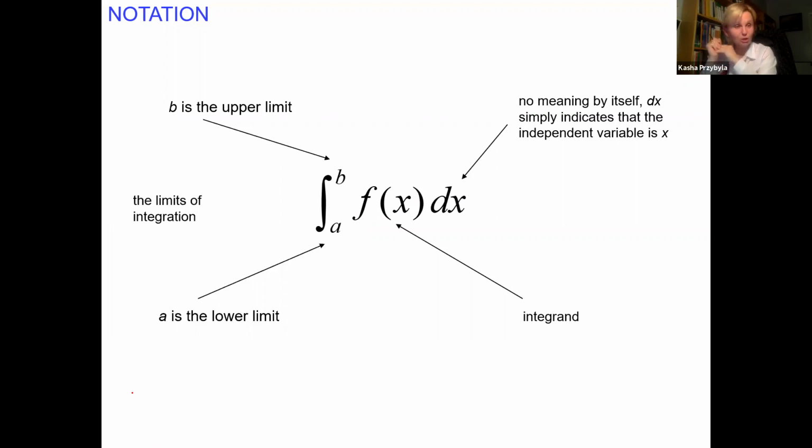The function that we are integrating we call the integrand, similar to the quantity under the square root, which we call the radicand. So this is the integrand. And as I said, dx doesn't have a meaning on its own; it just indicates the independent variable, because we are integrating with respect to x.